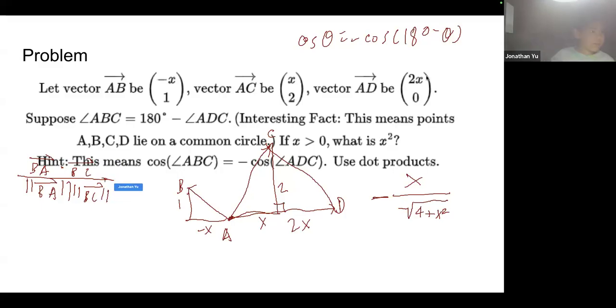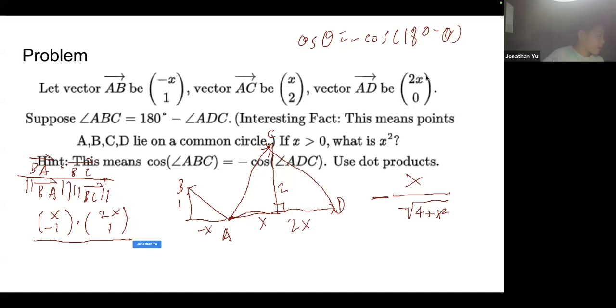And this comes from the geometric interpretation of the dot product. So vector BA is just the negative of vector AB, so it's x, minus 1. And vector BC has a horizontal component of x minus minus x, which is 2x, and a vertical component of 2 minus 1, which is 1.